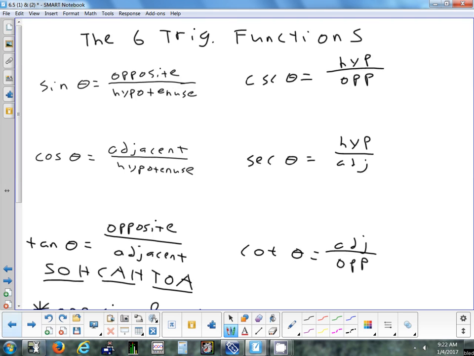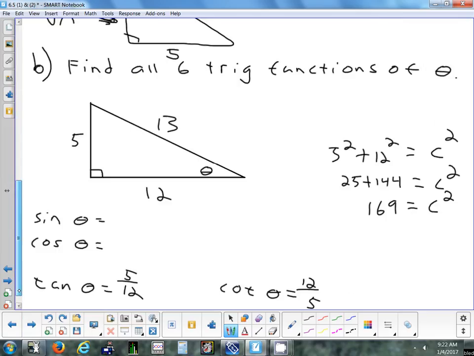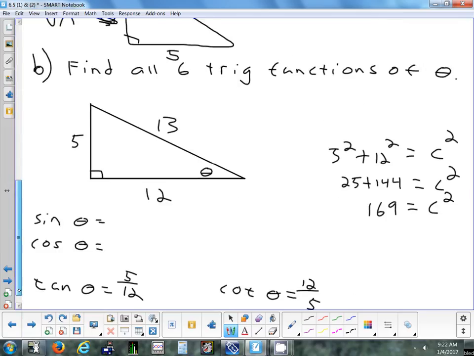Sine is opposite over hypotenuse. So what side is opposite here? So what does opposite mean when we explain that? So you don't need to know any trig functions to just figure out what's opposite and adjacent. Their position.